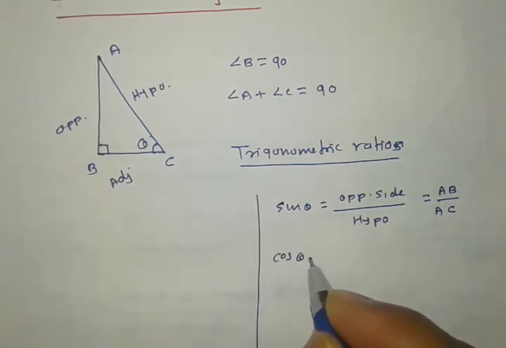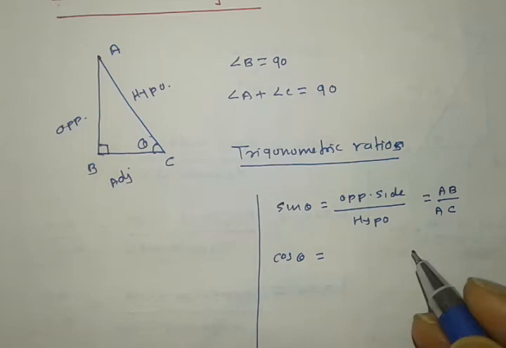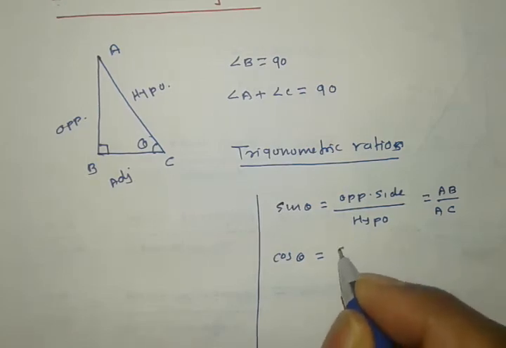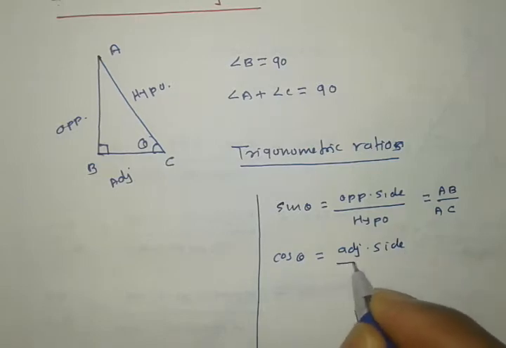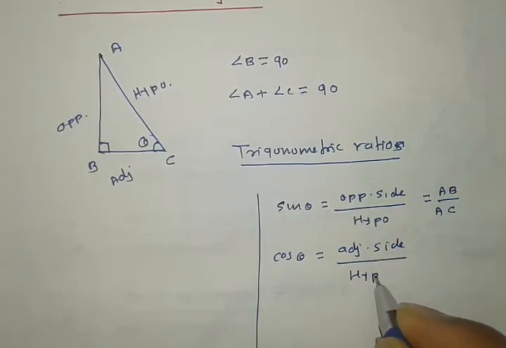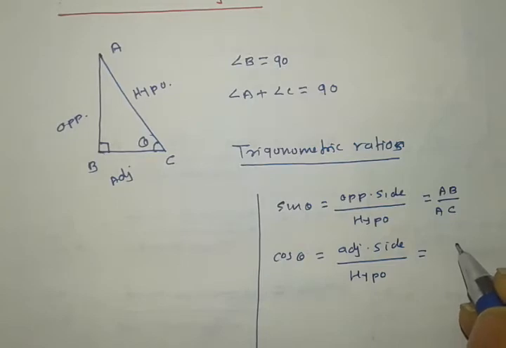Then cos theta, or cosine theta, is adjacent side upon hypotenuse. The adjacent side is BC and the hypotenuse is AC.